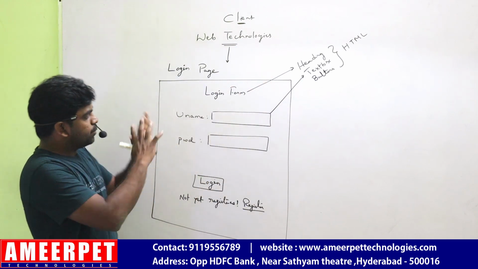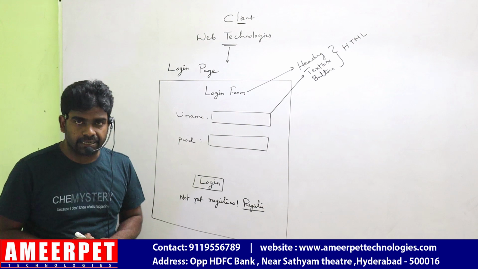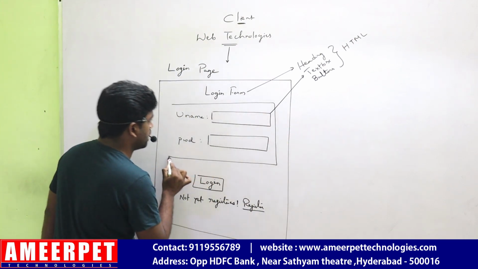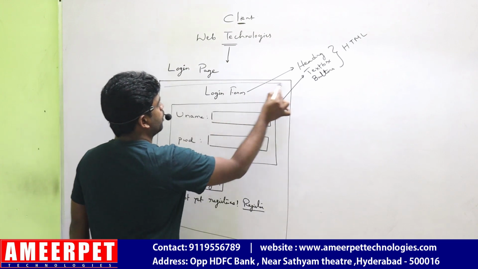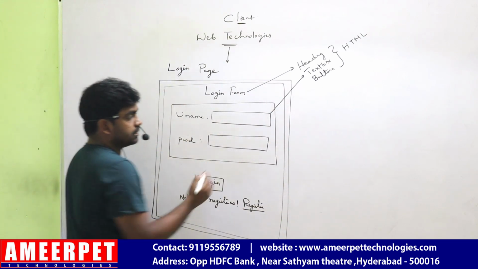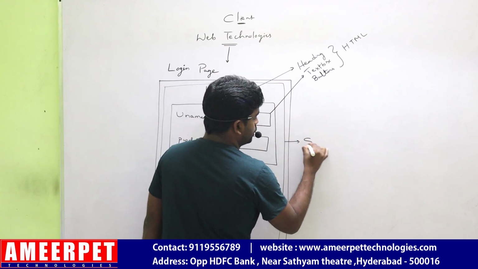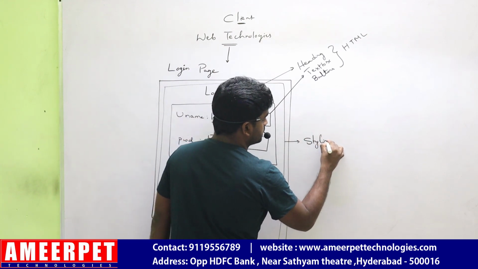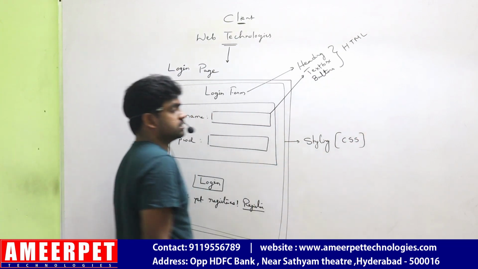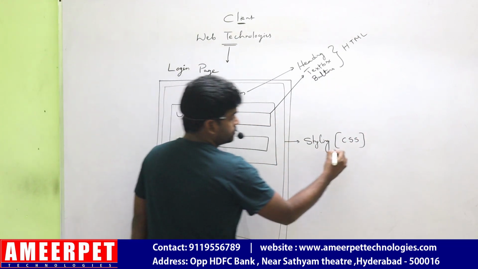Sir, for example, I want to align all these things to the center. Next, I want to give a border to only this part, and I want to give the border to the entire form. That is called styling. If you want to apply styles to the web page, we must use the CSS concept. So what are the things required?